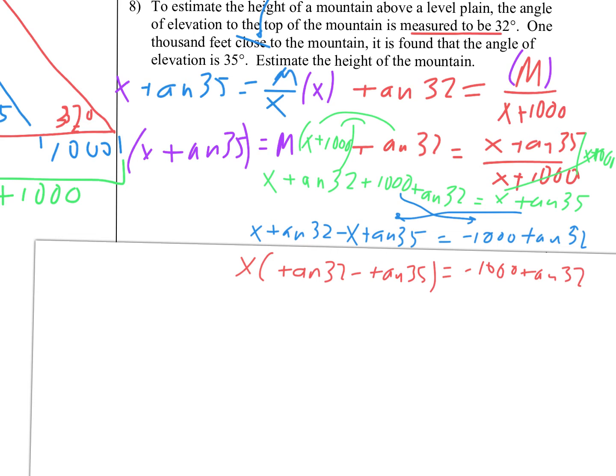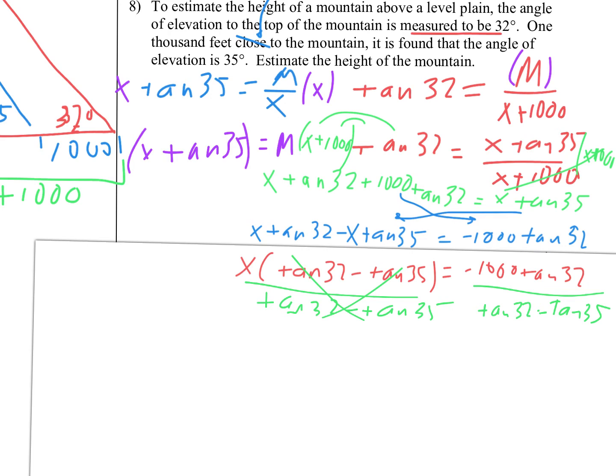So I'm just going to divide that over, so tan 32 minus tan 35 goes to the other side. It's going to give me my answer for x here. It's not going to be my final answer, but it is my answer for x. So we'll cross that off. Let's type this into the calculator here.